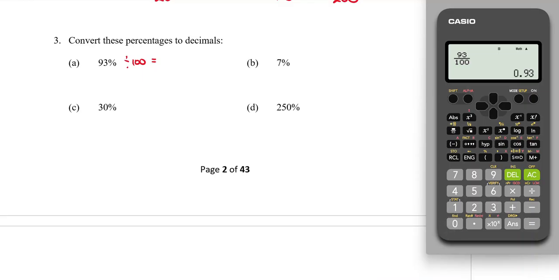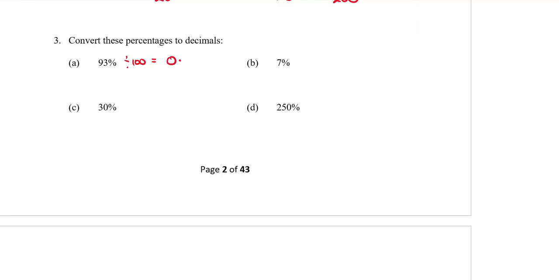So it may be easier to use the divide button, so it goes straight to a decimal, but it's 0.93. Okay, so we're going to divide this one by 100, which will be 0.07. 30% divided by 100 is 0.3 as a decimal, and 250%, we want to divide that by 100, so that's 2.5.